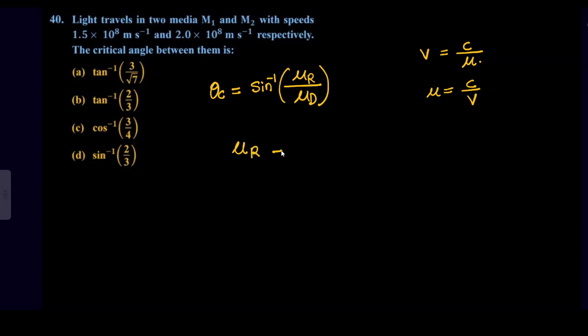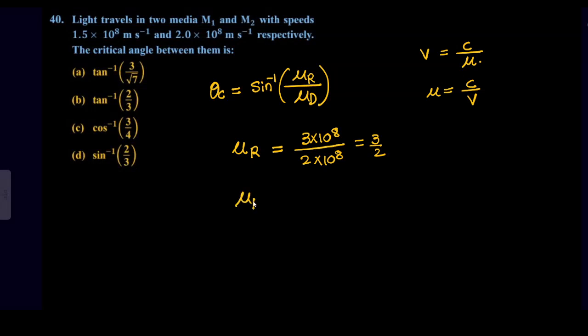From this, the refractive index of rarer medium is c, which is 3 into 10 power 8, by v. What is the v to be taken here, 2 into 10 power 8 or 1.5 into 10 power 8? That will come to be 3 by 2.